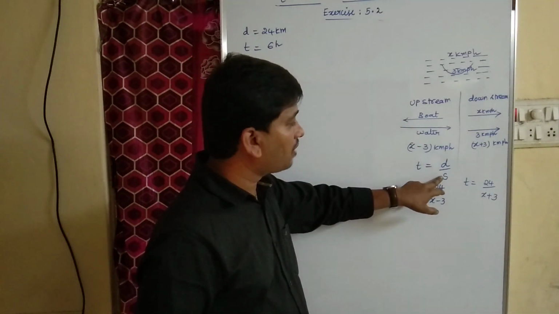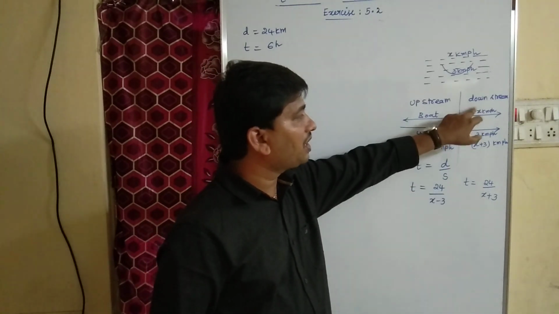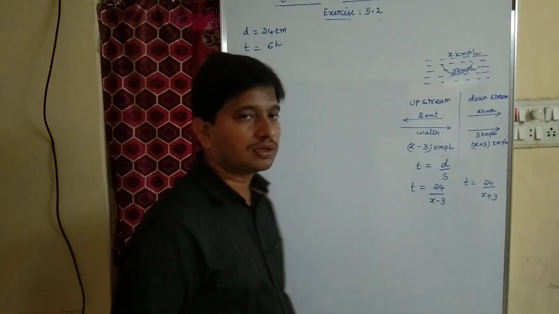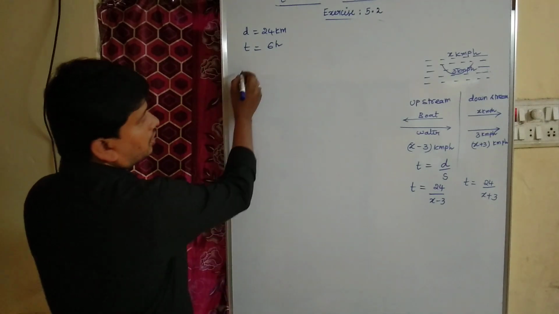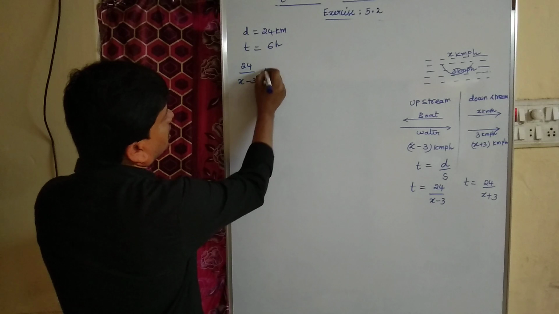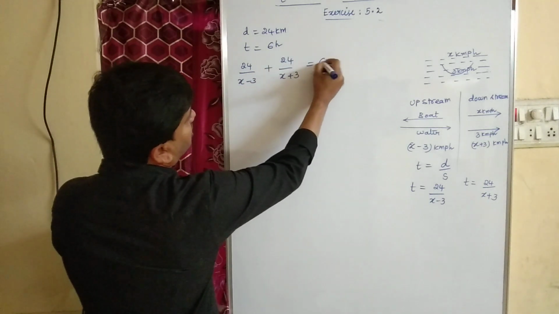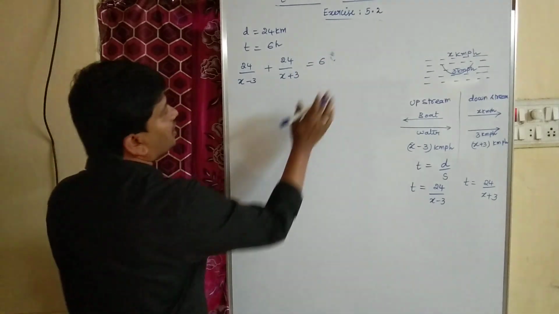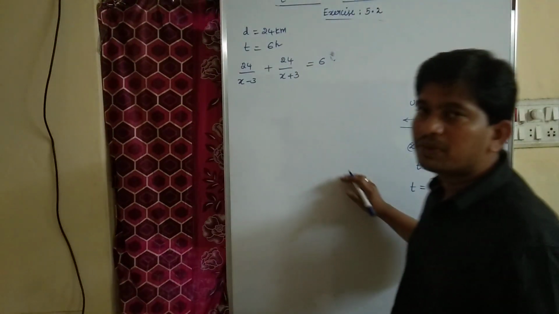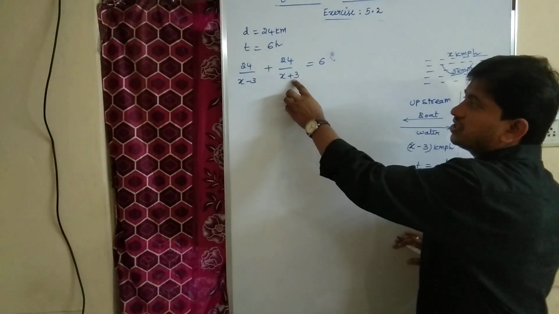The speed upstream is x minus 3, and the speed downstream is x plus 3. So total time taken is 6 hours, I mean 24 by x minus 3 plus 24 by x plus 3 equals 6. Did you understand why I wrote like this? Because total time taken is 6 hours, which is upstream plus downstream.